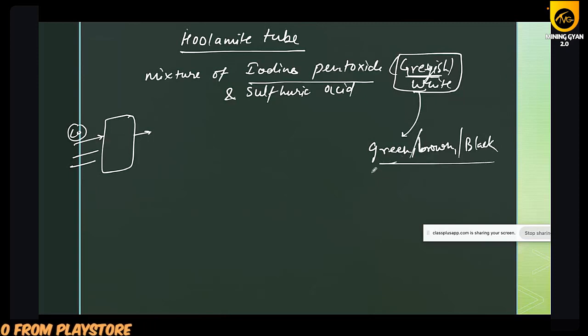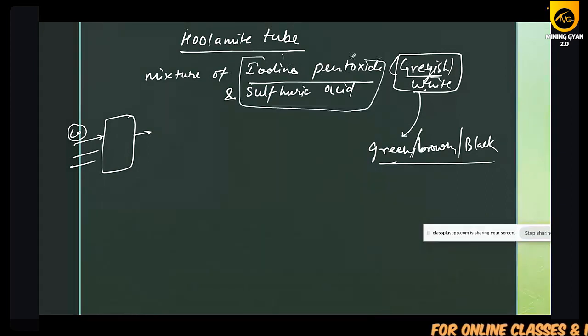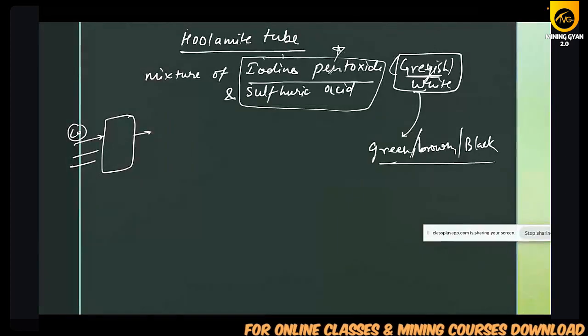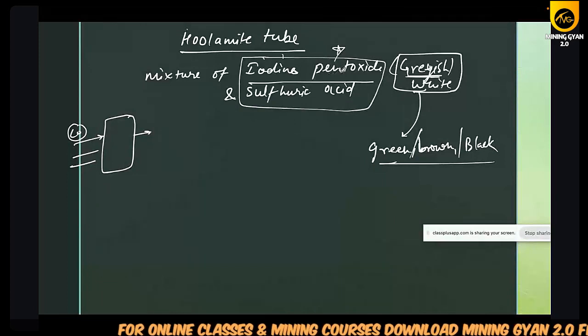So the color will change. Okay, so just remember which type of gases we are using and what is happening. I tried to find out the range, but I didn't find it for the Hoolamite tube.